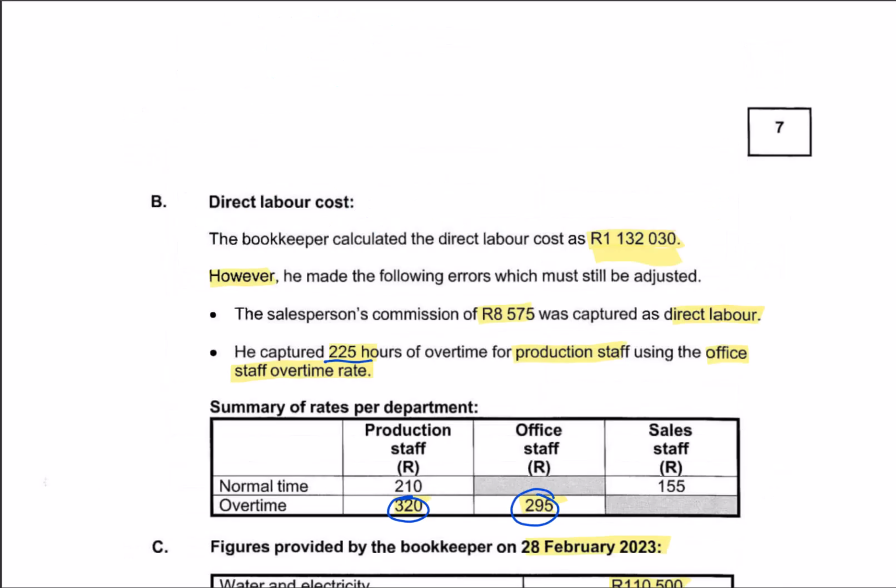The 295 was used because they used the office staff rate instead of the production staff rate. So the difference is the amount that is not there.